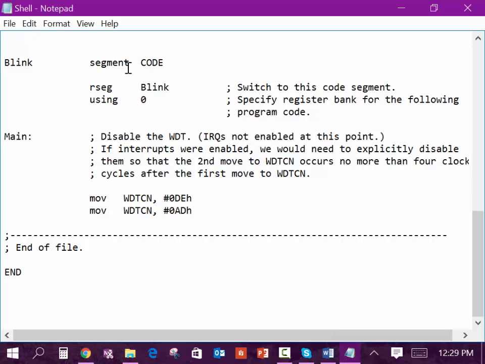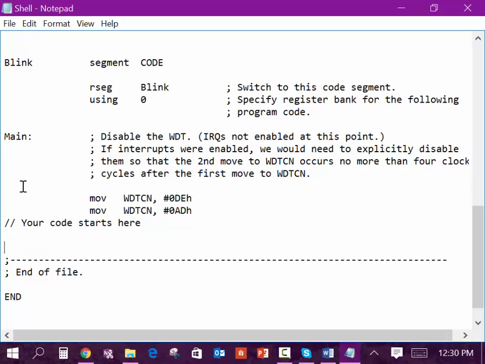I'm going to put a comment right here. Your code starts here, and I'll put a semicolon and a bunch of dashes across. This is where your code will fit, between those two lines.